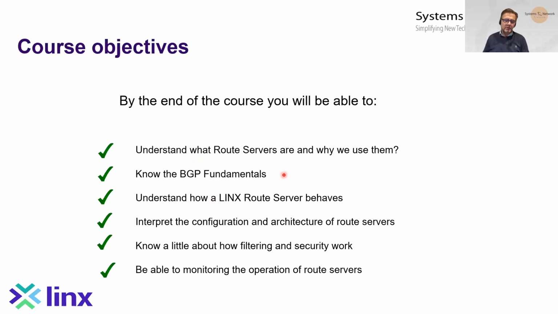It's a routing protocol, and we need to understand a little bit about that to see the significance of what route servers are doing and how they are so useful to us. We'll be looking in general at how a route server behaves. What are its functions? How does it do what it does? And how does it behave differently to a standard internet router that is using the BGP protocol?